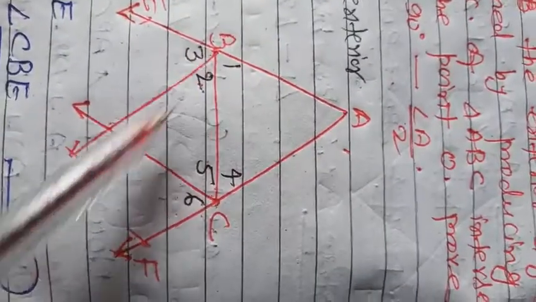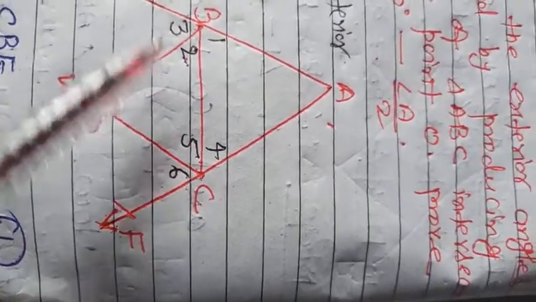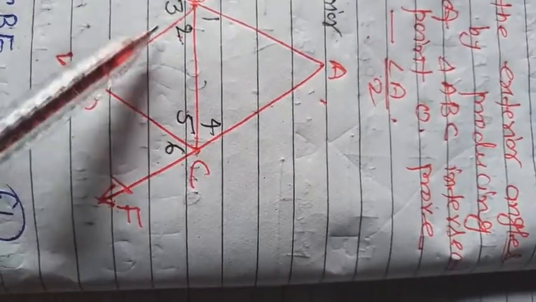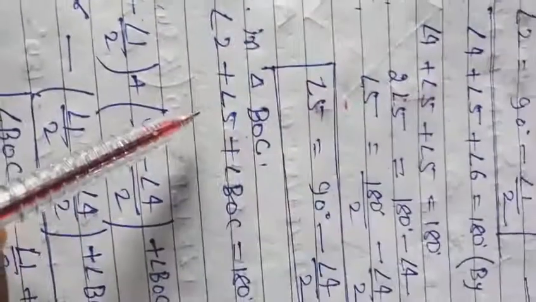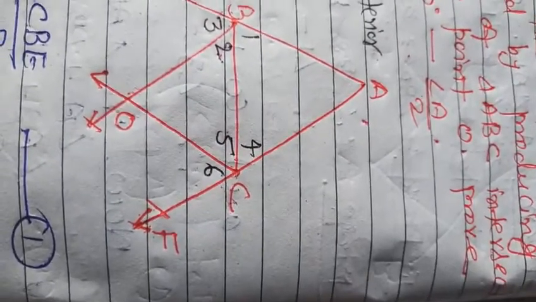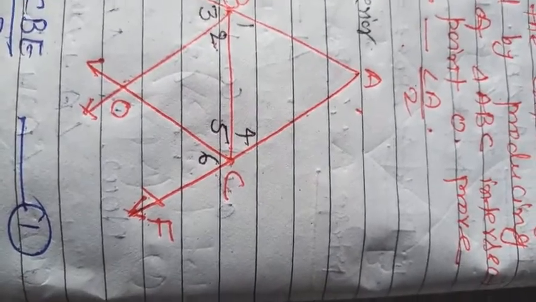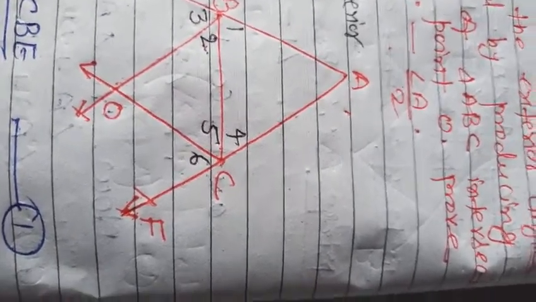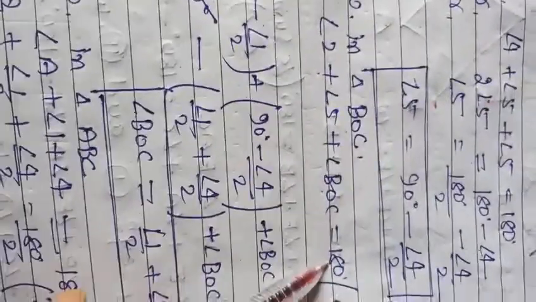Now in triangle BOC, the sum of the angles is equal to 180 degree. So we can write angle 2 plus angle 5 plus angle BOC is equal to 180 degree by angle sum property of triangle.